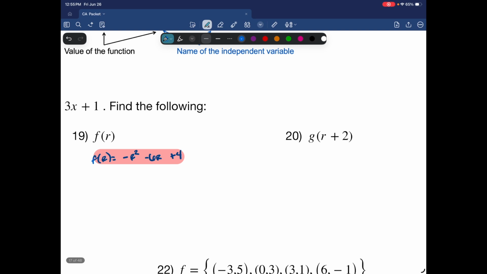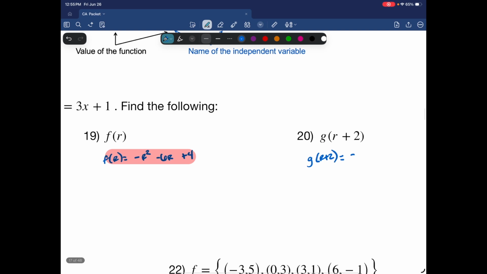And the f and g tell me which function to look for. On 20, I'm going to use g. And so this is g of r plus 2 equals 3x plus 1. So I got 3 times r plus 2 plus 1. Okay, so distribute and clean this up. So I got 3r plus 6 plus 1 equals 3r plus 7.